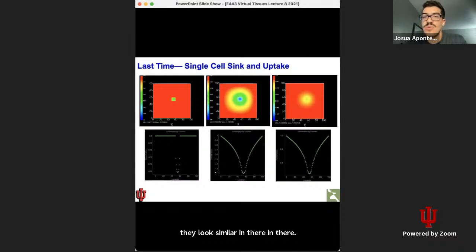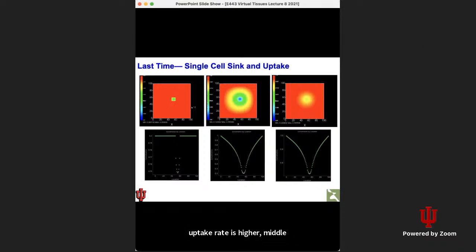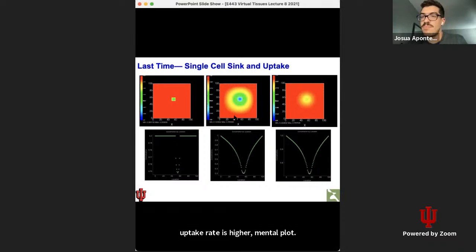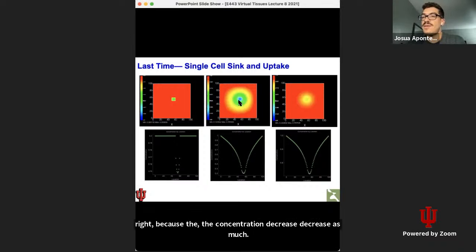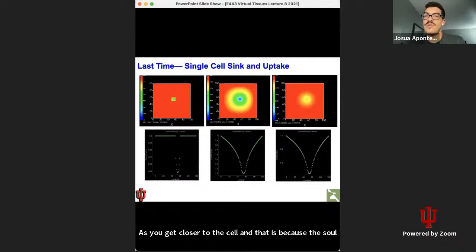So this goes all the way to 0.2 and this is 0.8. Which of these two scenarios would you think the uptake rate is higher? The middle plot? Right, because the concentration decreases more as you get closer to the cell, and that is because the cell is taking more out of its environment.